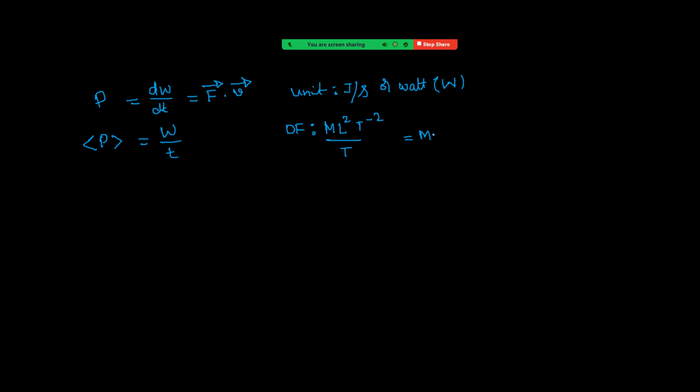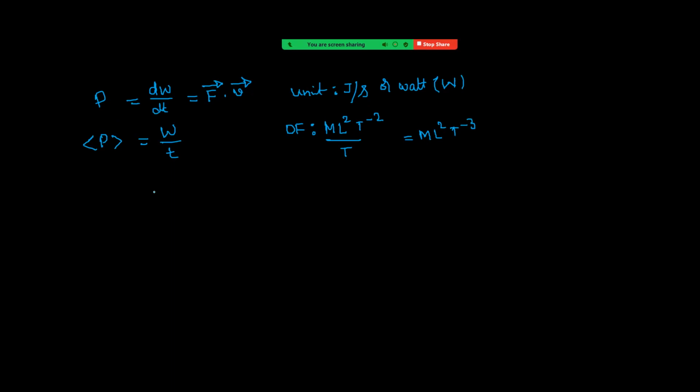So this is M L square T power minus 3. So units are joule per second or watt, and that is the dimension formula.